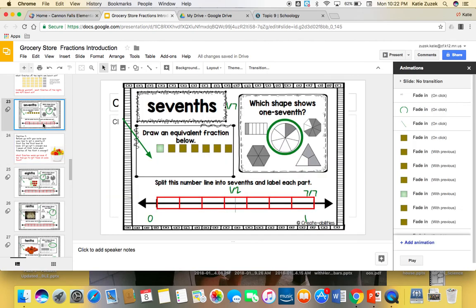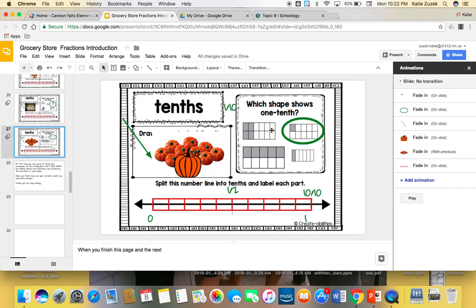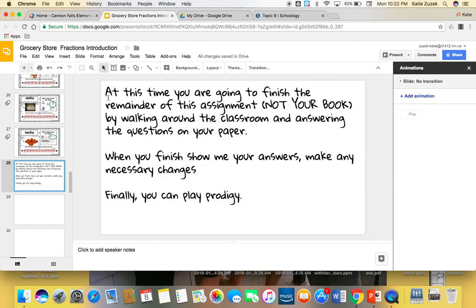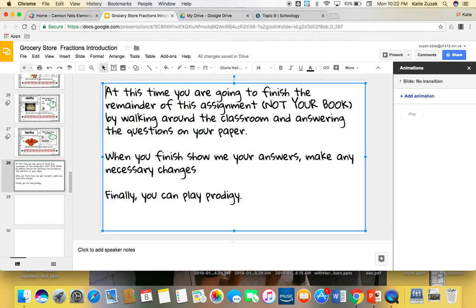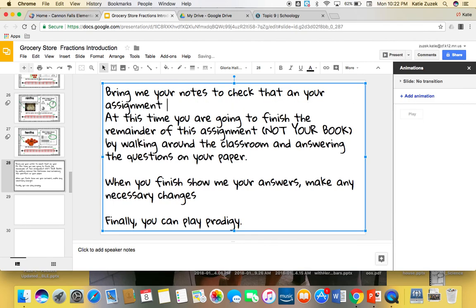When you finish doing your 6th, 7th, 8th, 9th, and 10th pages on your own, this is what my 10th page looks like, you are going to bring me your notes page to check that and your assignment questions that you already have done.